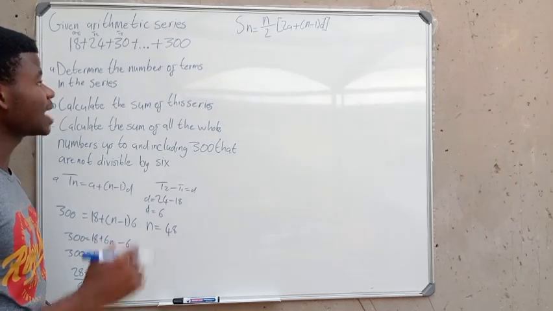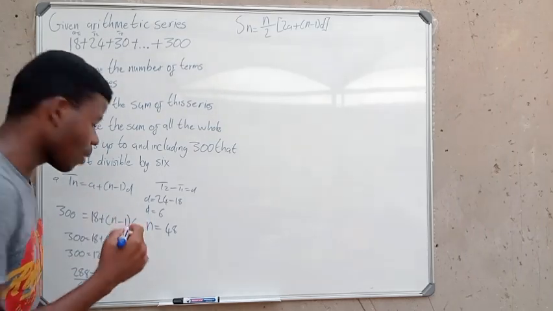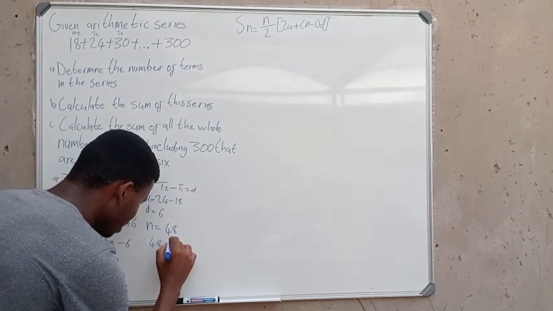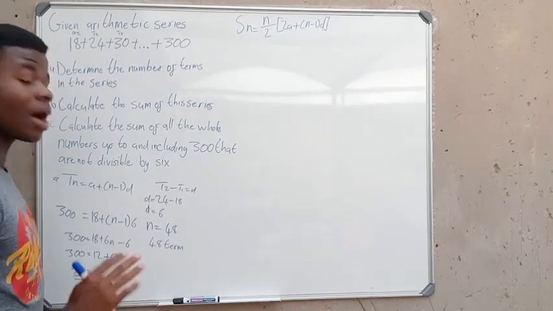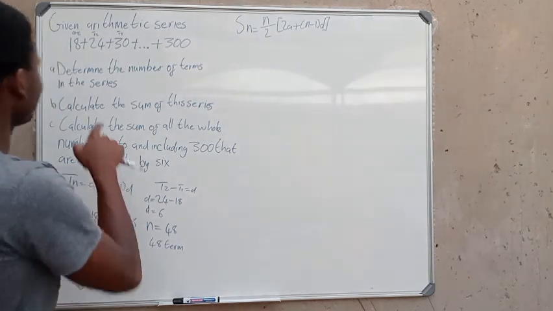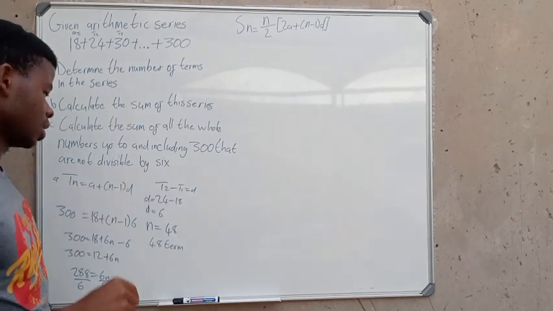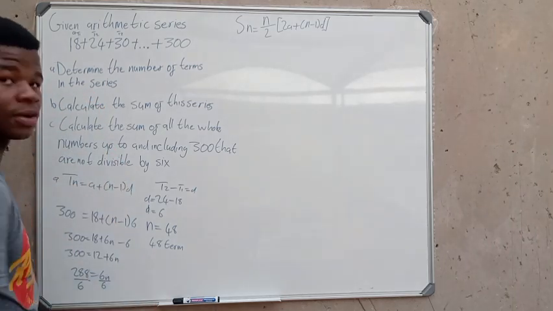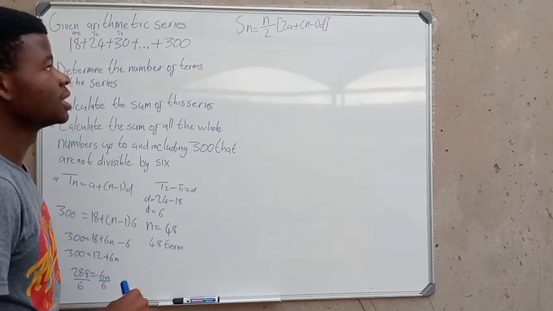So how many terms are in this number pattern? They are 48 terms. So now I have completed the first question by finding the 48 terms. And then on B, calculate the sum of this series.